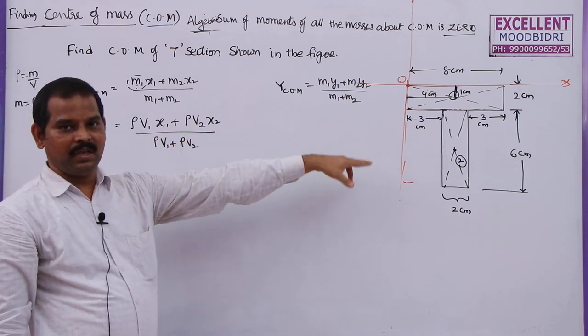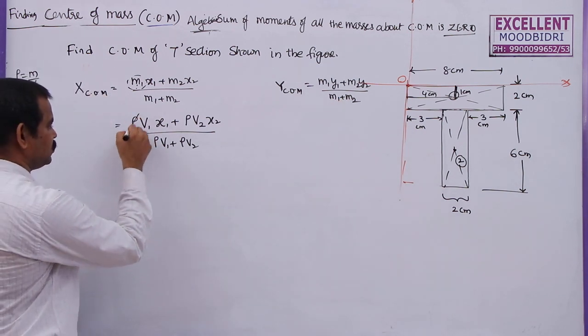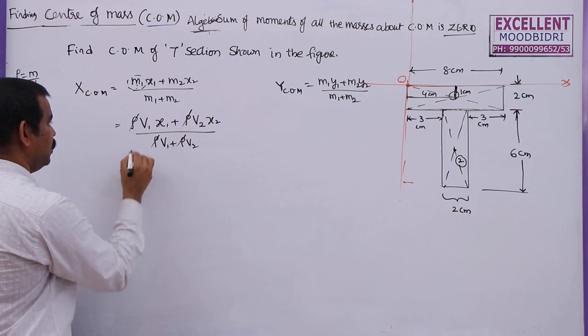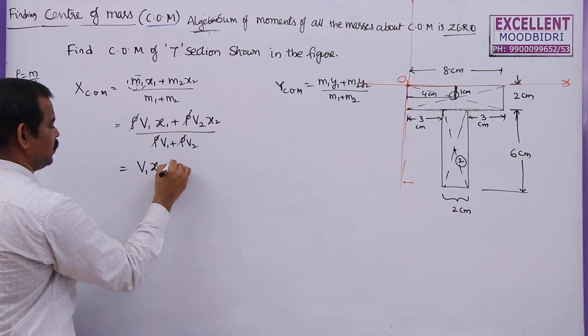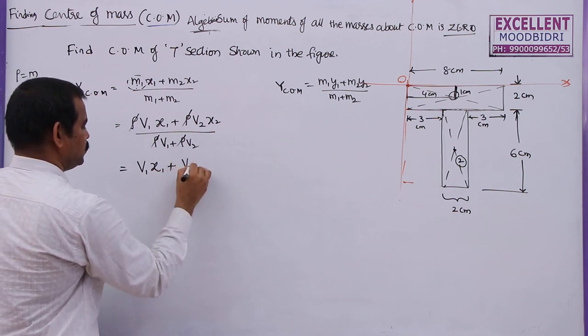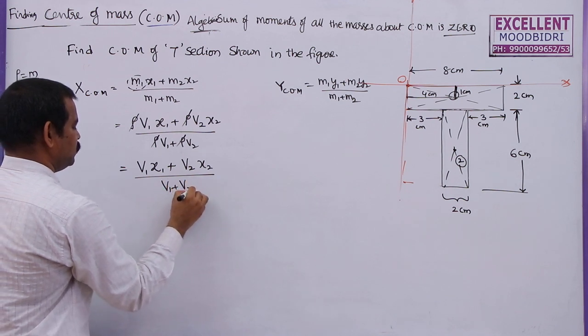As it is made of the same material, because this is a single portion, the density will be constant. We can cancel density here. The same expression can be written as volume of the first part into center of mass of the first part, plus volume of the second part into center of mass of the second part, by the sum of the volumes of these two.